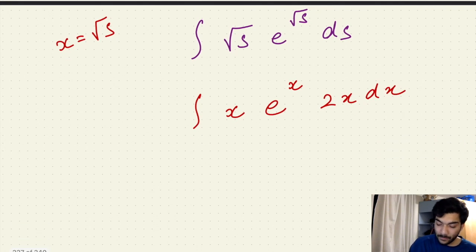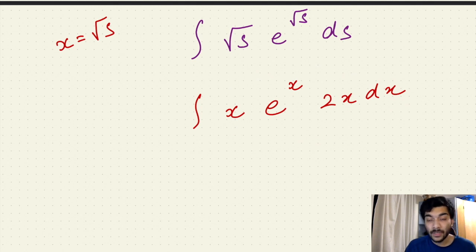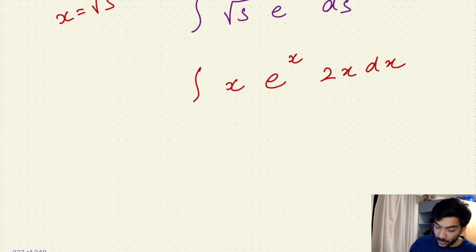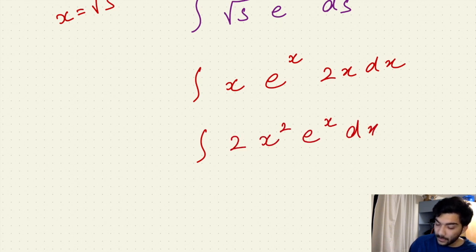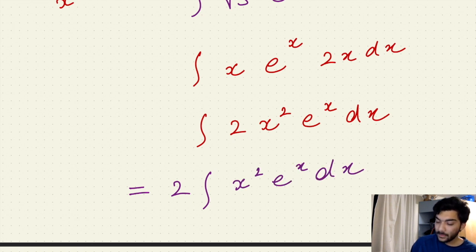And now if we simplify this expression over here, it would simply be 2x square e to the power x dx over here, right? And this can be indeed changed to 2 times integral x square e to the power x dx in this case.